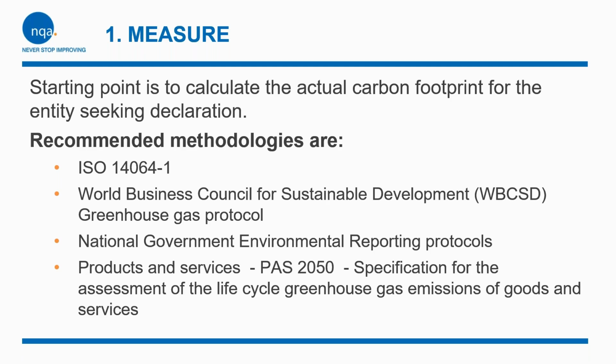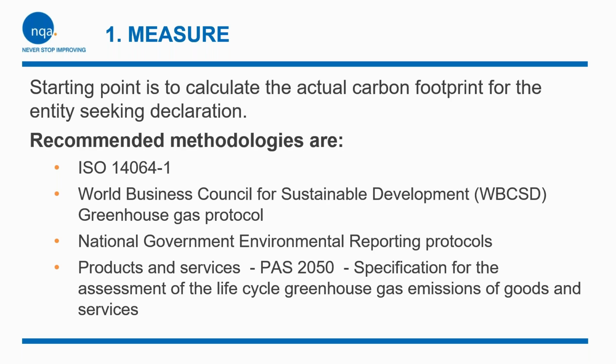There's a number of methodologies that can be used. Most popular is ISO 14064-1. So any of the ISO 1406, so 14061 all the way through, are all related to carbon. So obviously ISO 14068, carbon neutrality, 14064-1 is a methodology for calculating your carbon footprint.